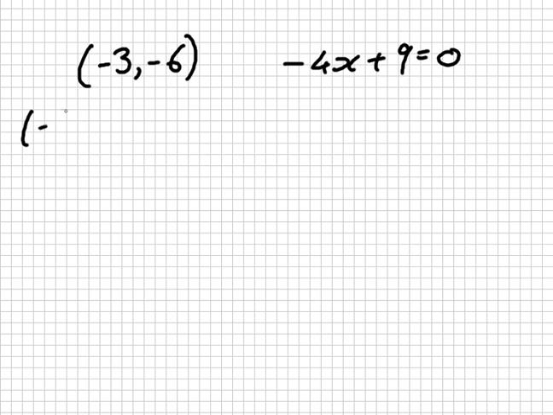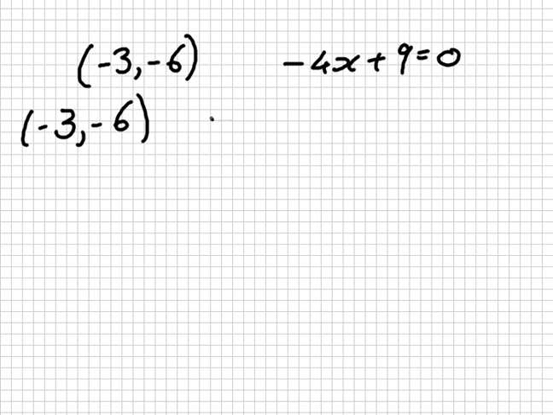Okay, so we've got this point here, -3, -6, and the line 4x plus 9 equals 0. So this one's a little bit difficult because it's not clear.